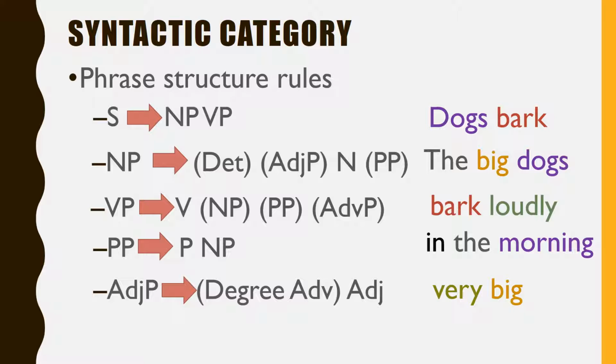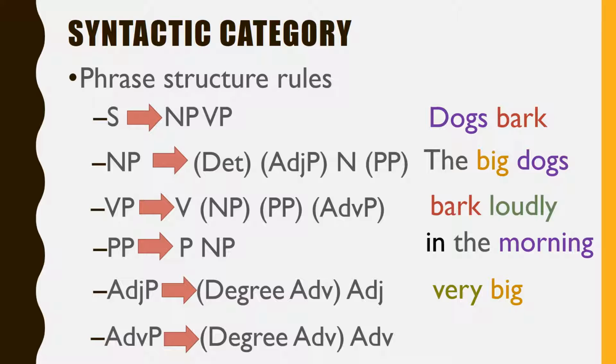Then, a very big. So as I told you, very is just optional. Then my adverb phrase is also made up of an adverb and, as an option, an adverb of degree. And here I have my example, quite loudly. So these are the possible combinations of words.